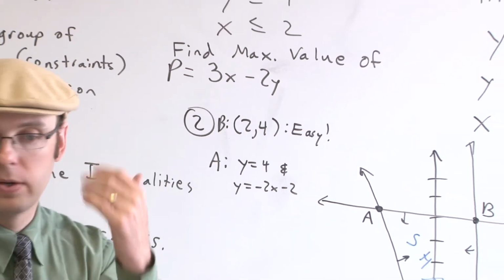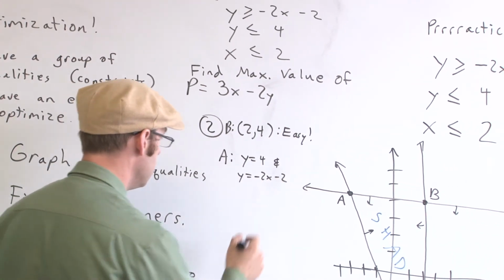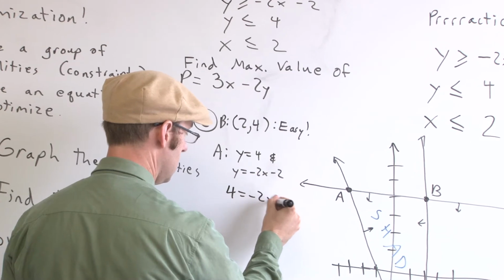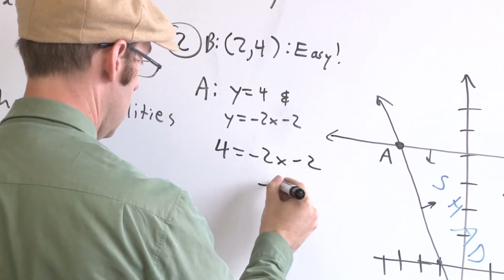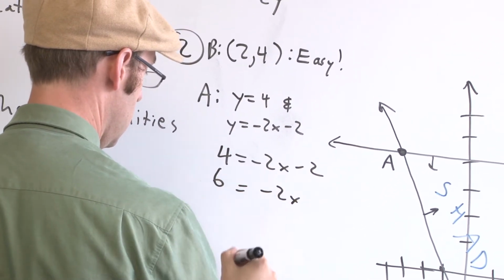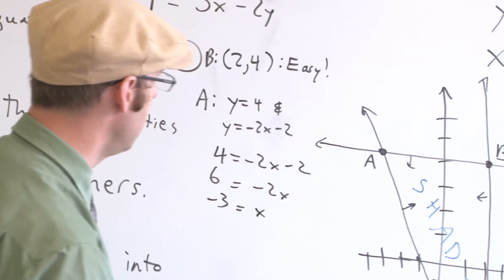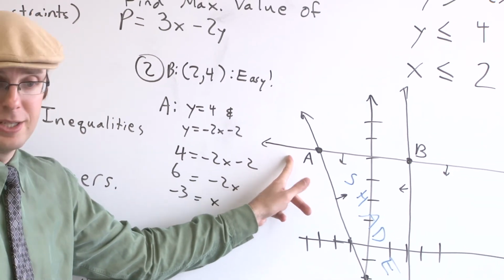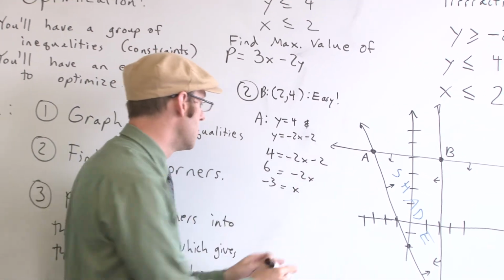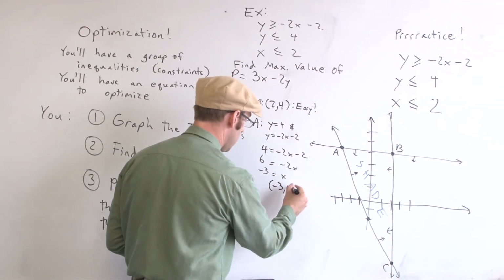So I'll just set them equal to each other. So I get x equals -3, and of course y equals 4 because it's the line y equals 4. So that's A.